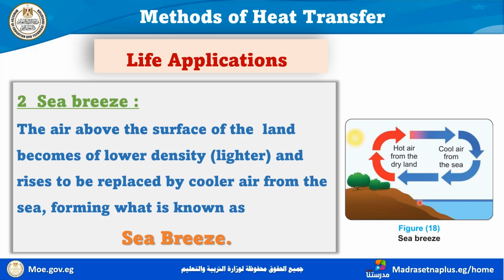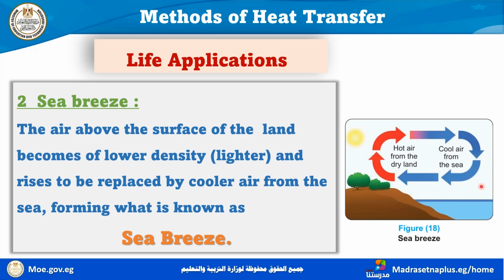Sea breeze happens because the land is heated very fast and it heats up the air above it in contact with the land, while above the sea the cold air exists because the water has high specific heat, so it's cold, and the air in contact with the cold surface of the sea is also cold.